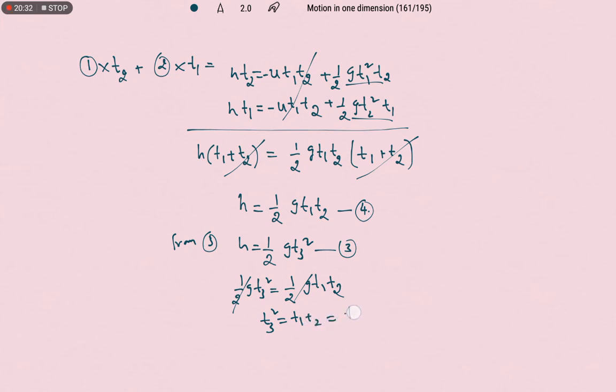Therefore the time taken by the freely falling body to reach the ground in terms of t1 and t2 is the square root of t1 t2. It is a very important application. So in this application they are going to give the time taken by a body which is projected vertically upwards from the tower.